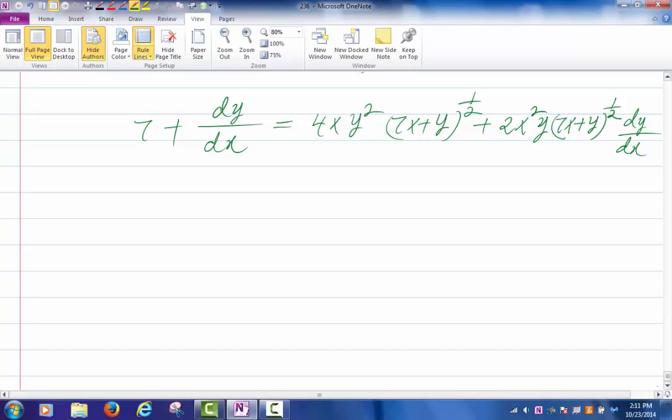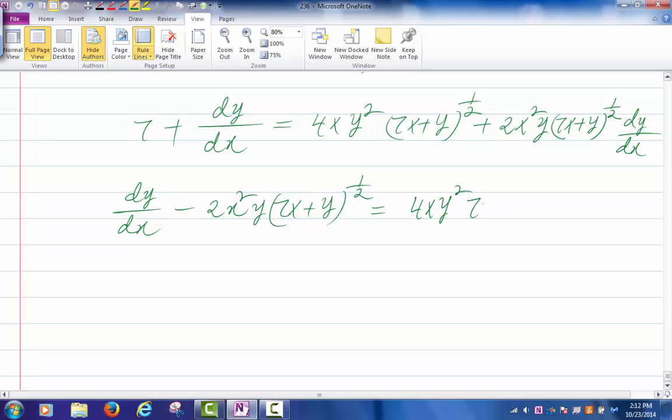So the terms involving the unknowns are dy/dx, and then minus 2x squared y times 7x plus y to the half, and this is equal to, and then I take the 7 on the right, I have 4x y squared times 7x plus y to the half, and then I have to subtract 7.